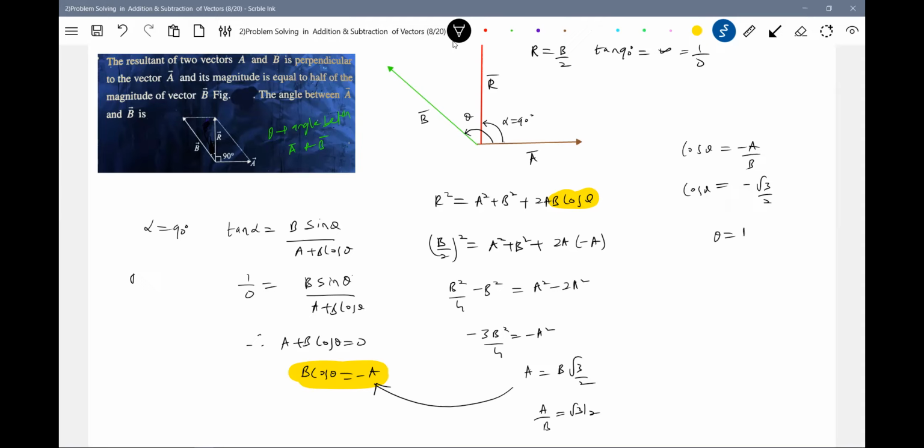So theta should be equal to 150 degrees. Cos of minus root 3 by 2 should be 150 degrees. So this is our answer.